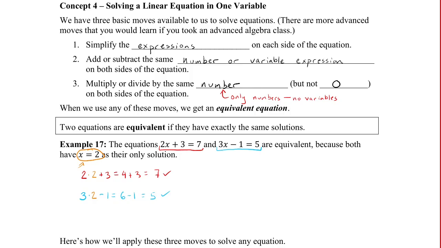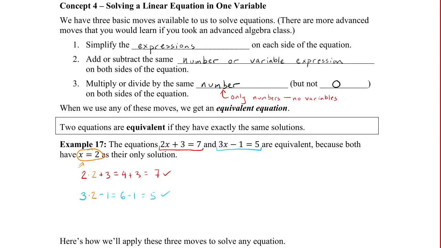Our goal when we're solving an equation is to find out the value of the variable. The way that we're going to develop our technique of solving equations is by starting with the simplest possible equations and growing a little bit more complex step by step.